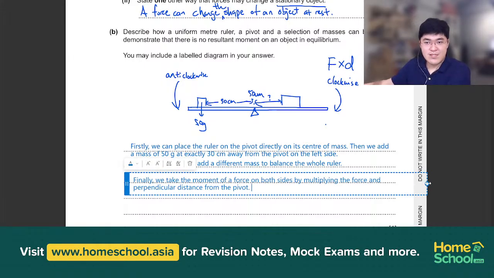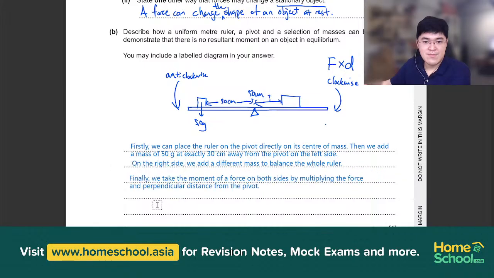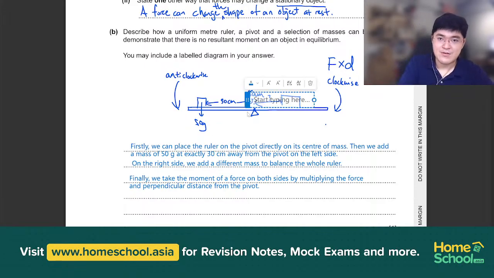we take the moment of the force on both sides by multiplying the force and perpendicular distance from the pivot. Of course, please remember, this is mass, so instead we should be calling this weight. So we add a weight for, let's say, 5 newtons.